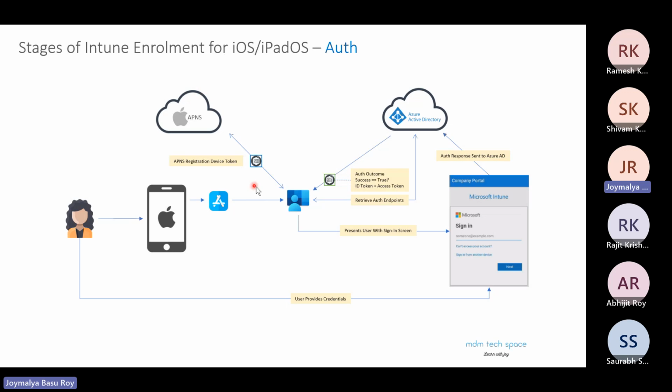For the APNs token, if you are talking about device registration, the company portal will send the serial number of the device to APNs. Based on the serial number, APNs will return a token back to company portal so that company portal later can provide that to Intune, so that when Intune needs to reach out to your device, it can.